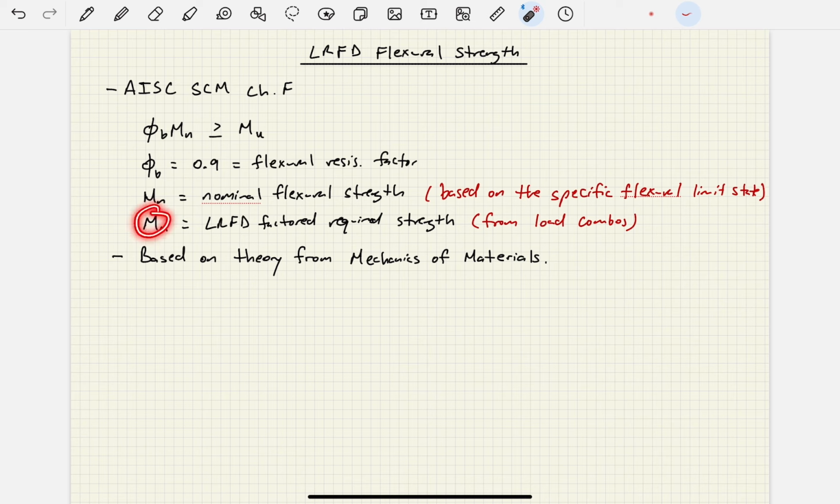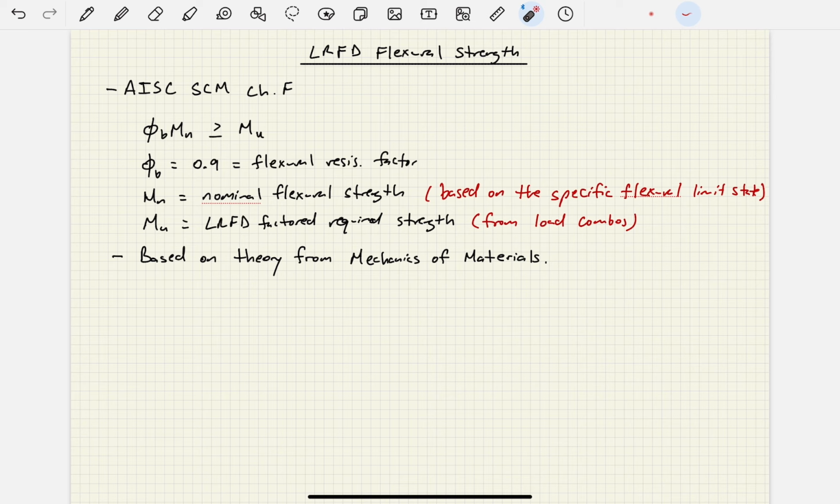Obviously, we're talking about moments right here, okay? So when we say nominal flexural strength, that's the nominal flexural or moment strength, okay? And then Mu is the LRFD factored required moment strength. So we're dealing with moments here, and that hopefully is obvious with the designation M, okay?